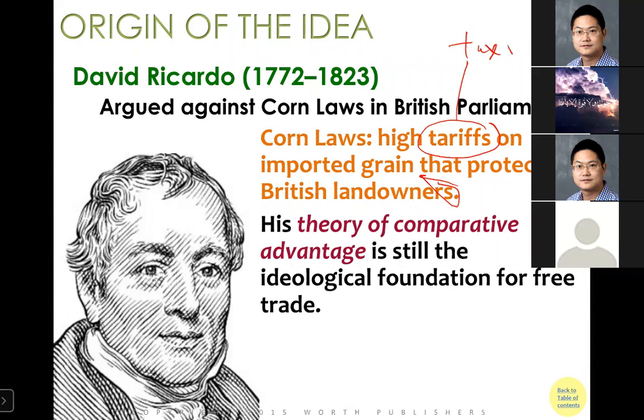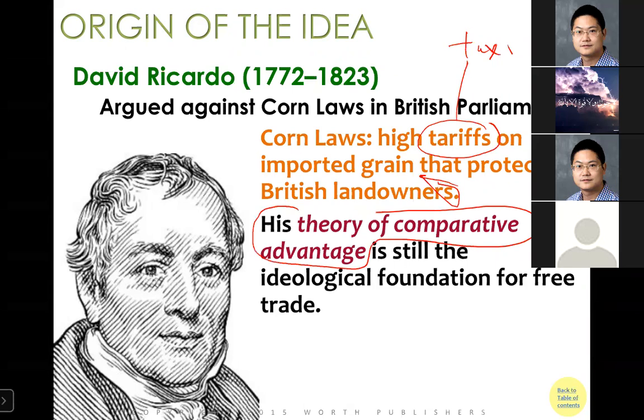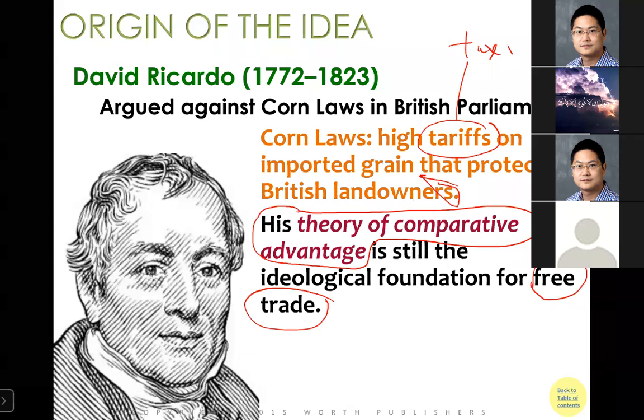And interestingly, we are in a deglobalization world right now, but I want to let you know, his theory of comparative advantage has become the ideological foundation for free trade, even though right now we are in an interesting time in history, right? In this class, I'm going to give you the basics of free trade, or the theory of comparative advantage. I hope you understand why free trade is important, okay?